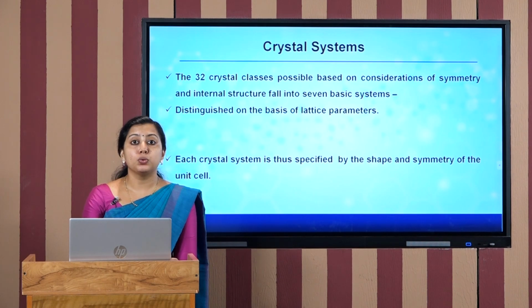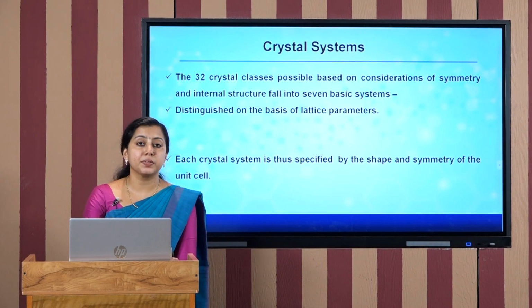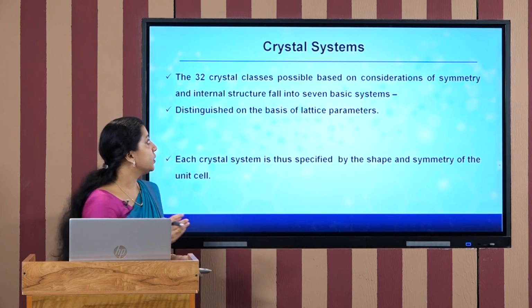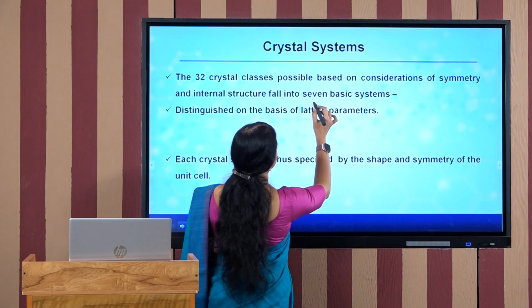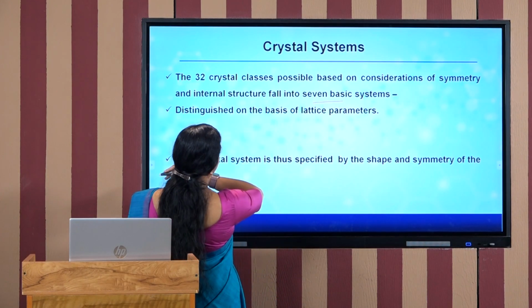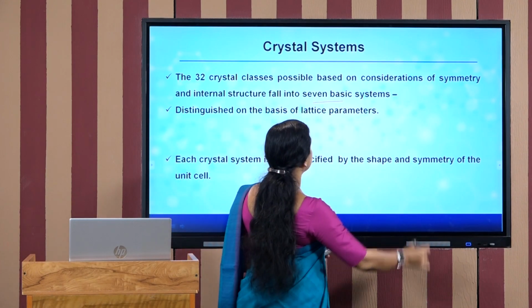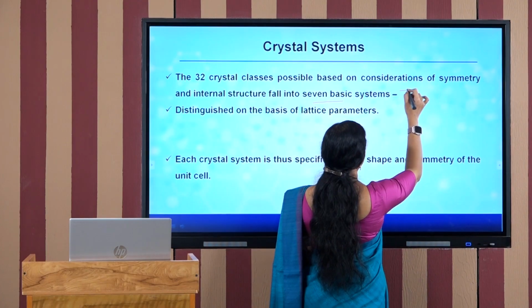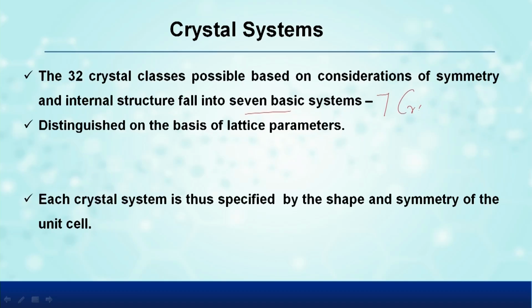These 32 crystal classes, possible based on considerations of symmetry and the internal structure, fall into 7 basic systems, and these are termed the 7 crystal systems.